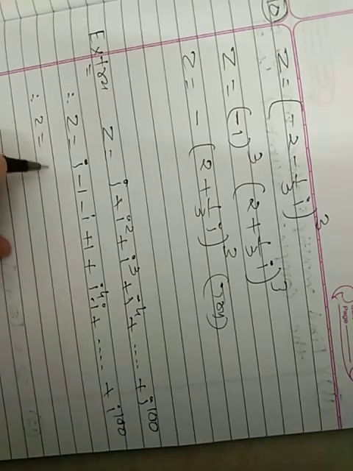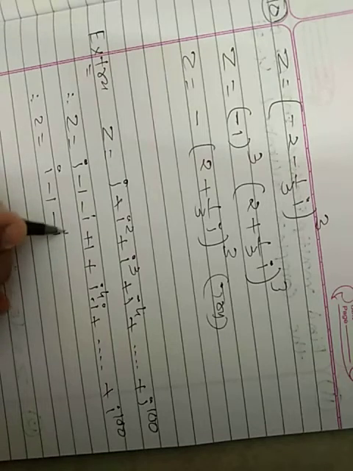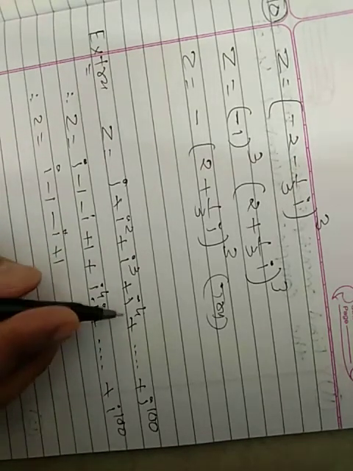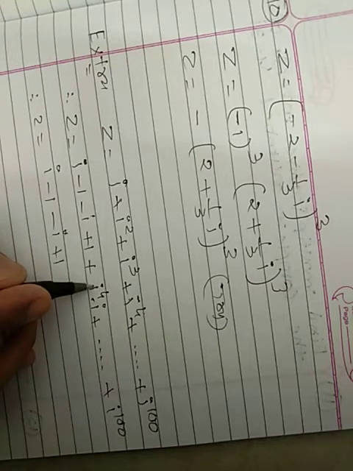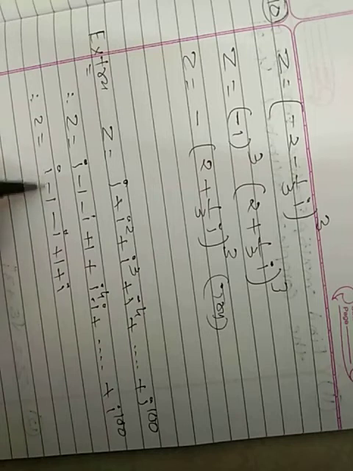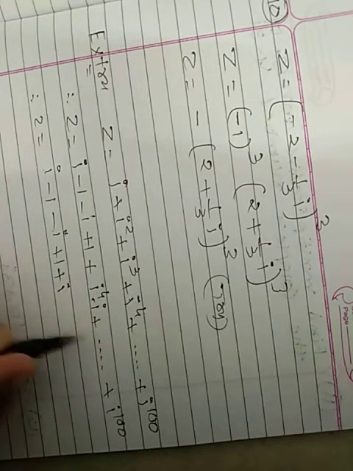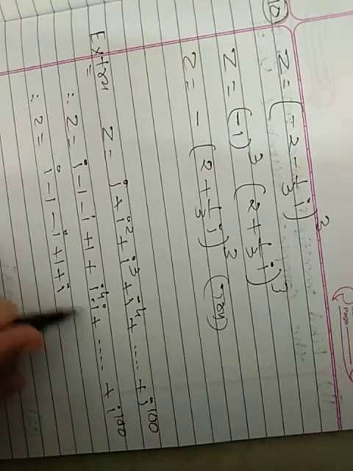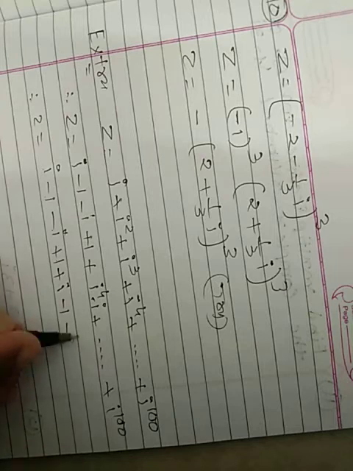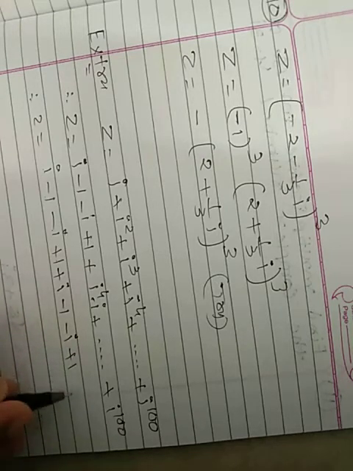Now therefore Z is equal to i minus 1 minus i plus 1. i raised to 4 equal to 1. Now repeat it: i minus 1 minus i plus 1. Again i, then i raised to 5 is i, i raised to 6 equal to minus 1, minus i plus 1, up to 100 terms.